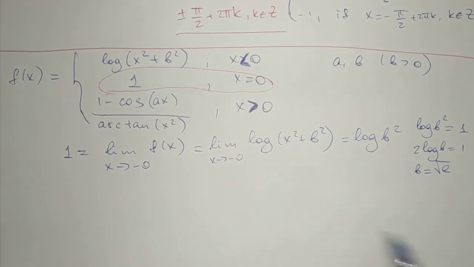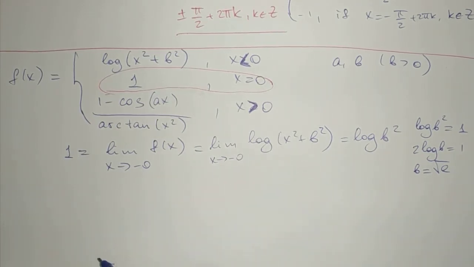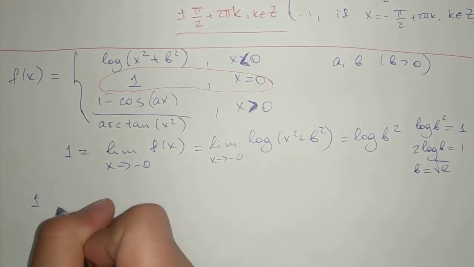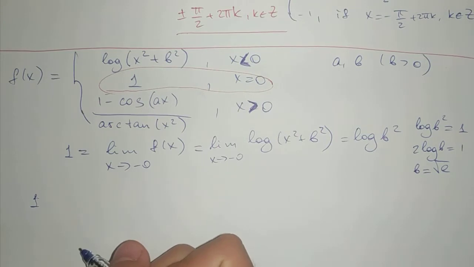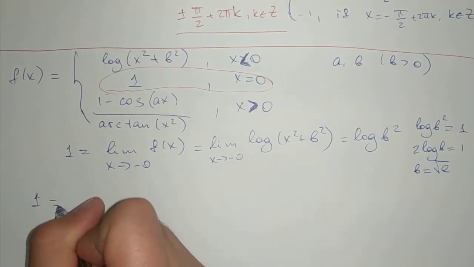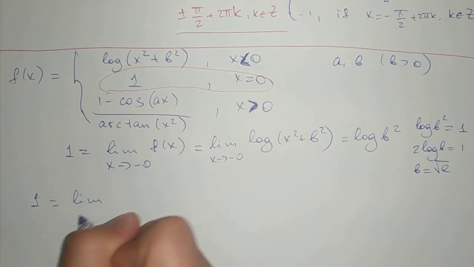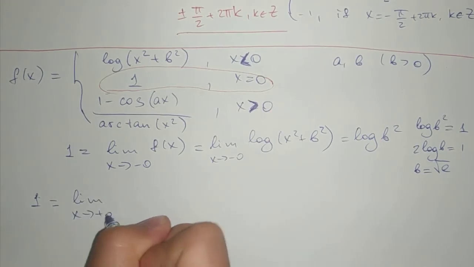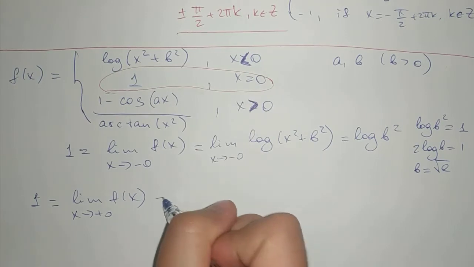And now similarly, using the right side limit, now find a also. Here again 1, this is the value of the function at the point 0. 1 is equal to the limit as x tends to plus 0 of f of x.